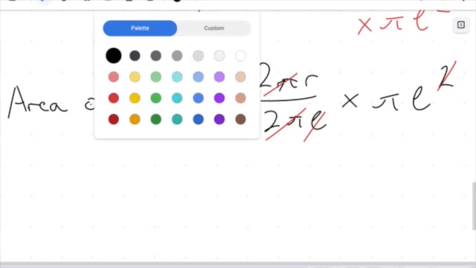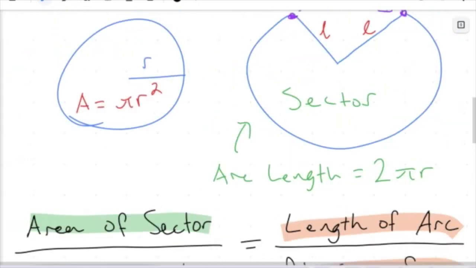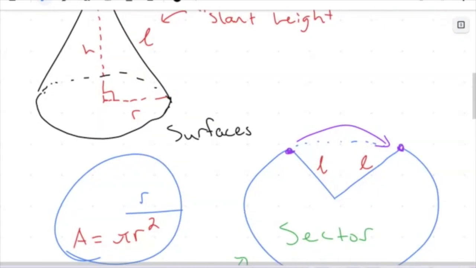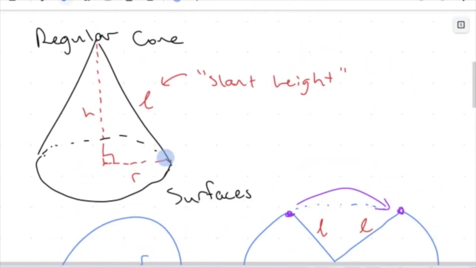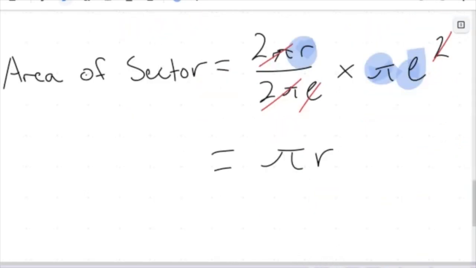So the area of my sector becomes, what do I have left? An r, a pi, and an L, all multiplying by each other. So that gives me pi times r, the radius of my base down here, just to clarify, and L, which is my slant height. So that's how I can find the area of the sector.